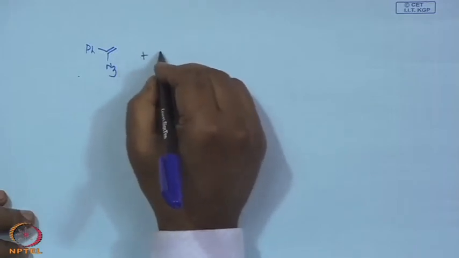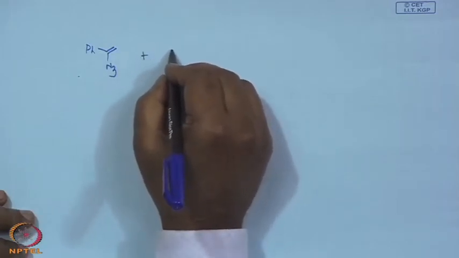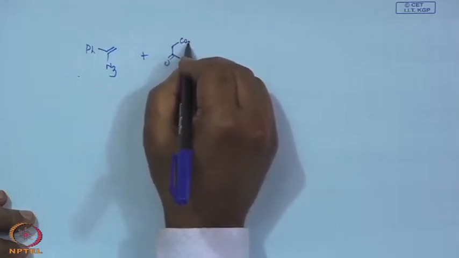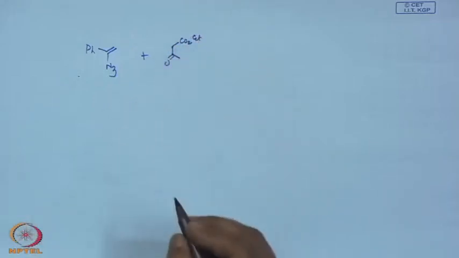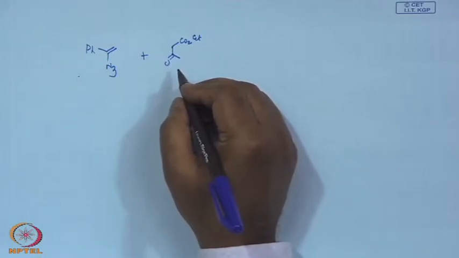But again, the same person in the same year, in a later paper, has just modified this procedure. What he did: again vinyl azide, but in this case there is no electron withdrawing group, and then again a beta keto ester here. Okay.